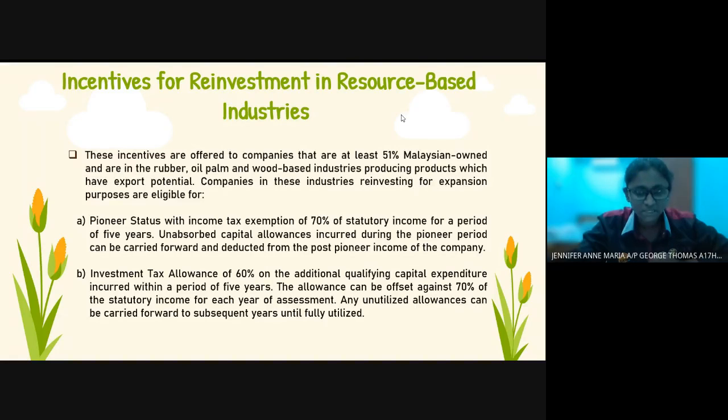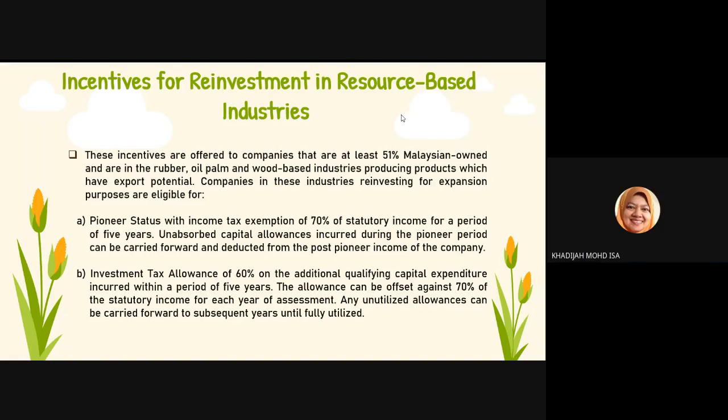Companies in these industries reinvesting for expansion purposes are eligible to be granted pioneer status with income tax exemption of 70% of statutory income for a period of 5 years. Jennifer, you can just say that this company can apply and is eligible for pioneer status and ITA. Stop, because it's the same. Shamila has already explained what pioneer is and what ITA is, isn't it? Okay.